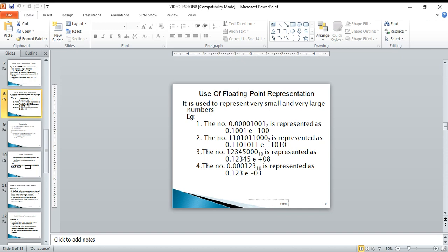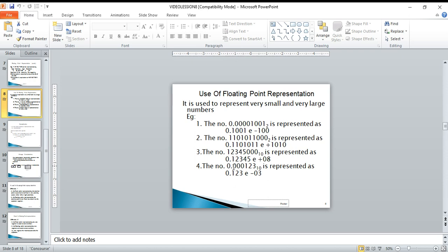So we are moving the decimal point towards the right by 8 positions. So take the exponent as +08, and this is the representation of the decimal number in the floating point representation.